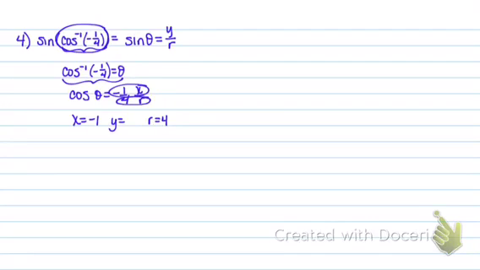Now, inverse cosine, remember, is in quadrants 1 and 2. And in quadrants 1 and 2, y is going to be positive. All right? So, using our x squared plus y squared equals r squared, we have negative 1 squared, plus we don't know y squared, and it's equal to 4 squared. So we're going to work this out.